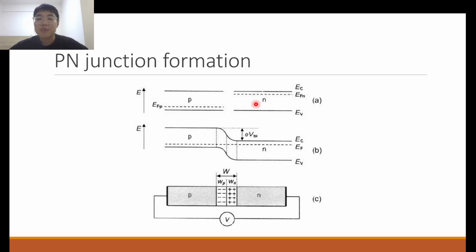However, when we connect the two materials at equilibrium, the Fermi level is always a single horizontal line. It's aligned, so you can accept that. In order to achieve equilibrium, we have to raise the P band and lower the N band until we get an S-shape, something like this.